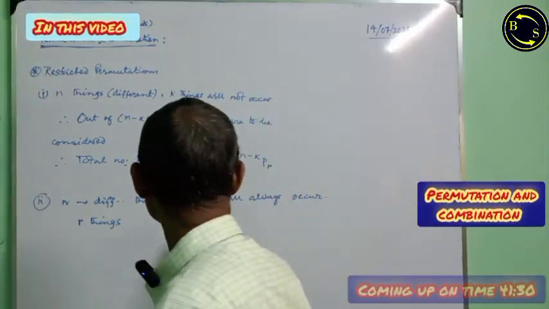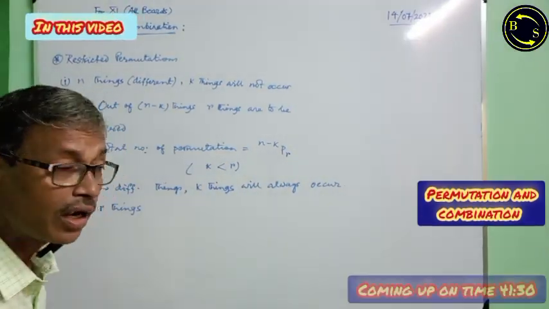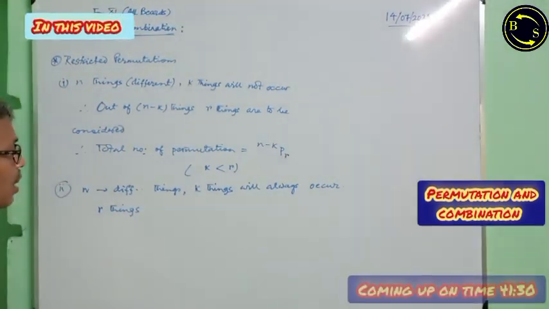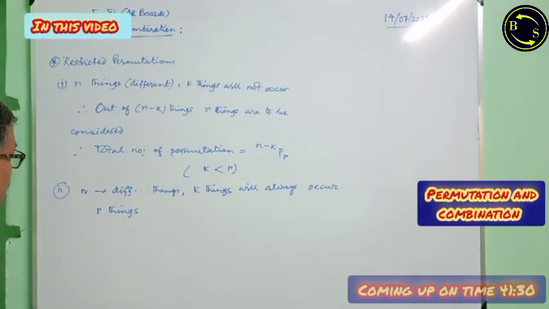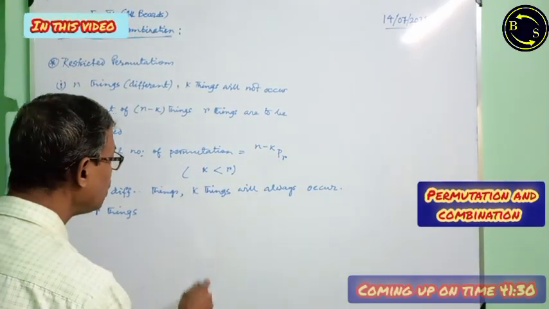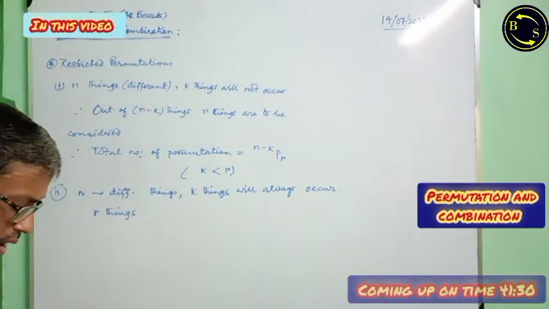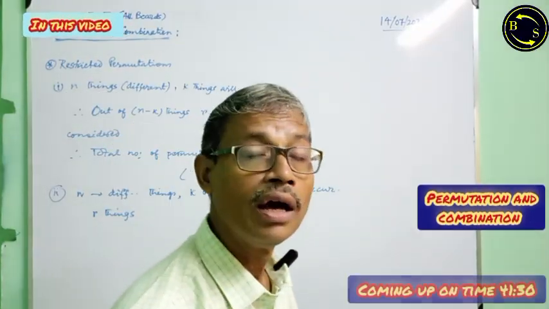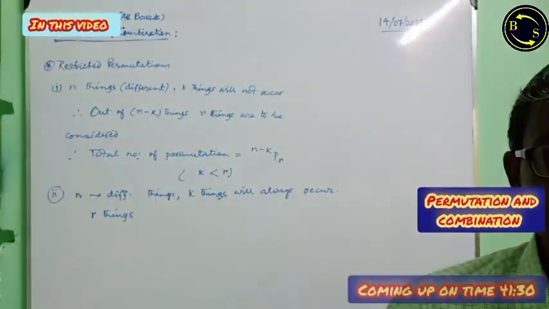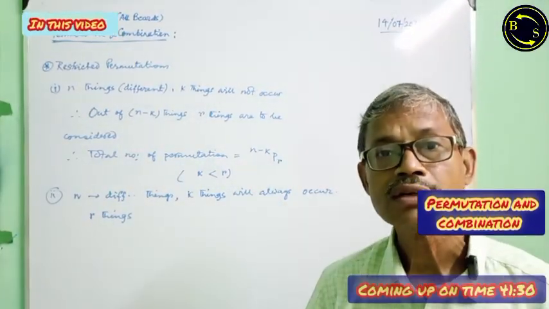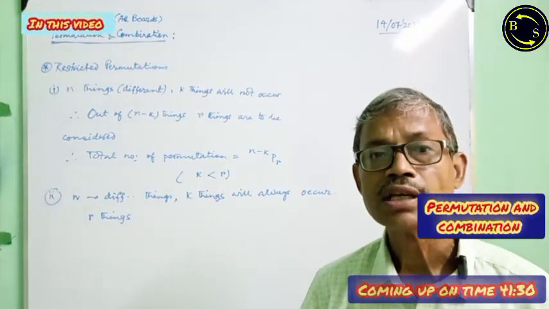k things will always occur. Therefore, from total r things, those are to be taken out of n things.